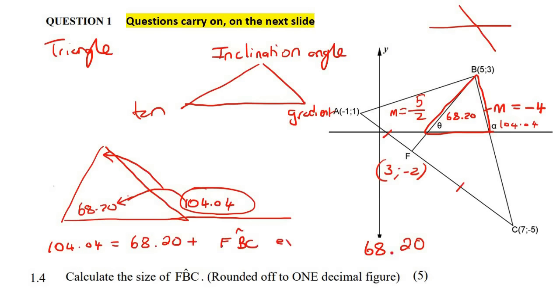And the reason for this is exterior angle of triangle. Then if you simply had to go and solve for angle FBC, we will get 35.84 degrees. Oh, but they wanted us to round to one decimal place, so 35.8. So 35.8 degrees.